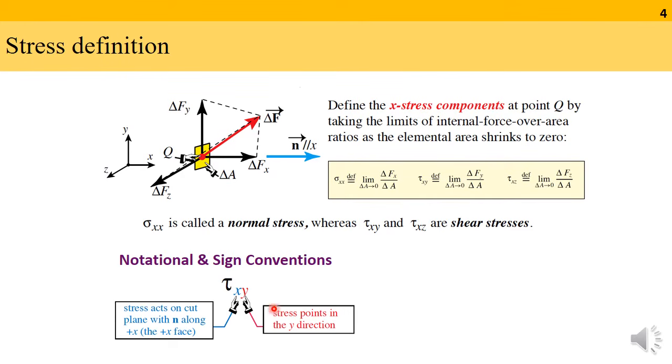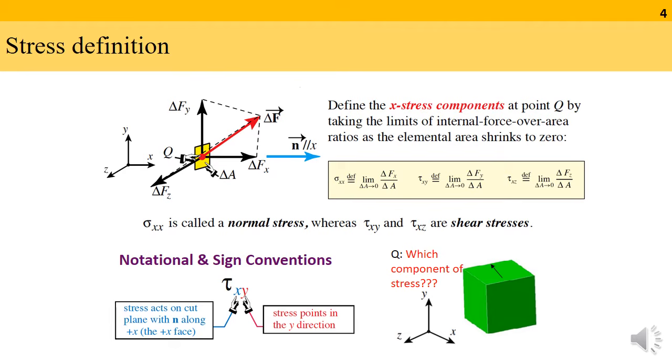So, this is the sign convention that we normally use. You write sigma or tau depending on whether it is normal or shear stress. The first subscript will give you the direction of the plane or the outward normal of the cross section that you have considered. The second letter gives you the direction of the stress.